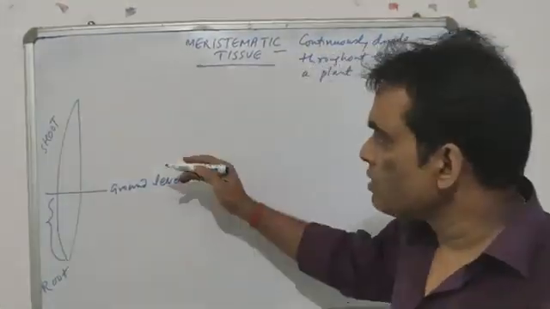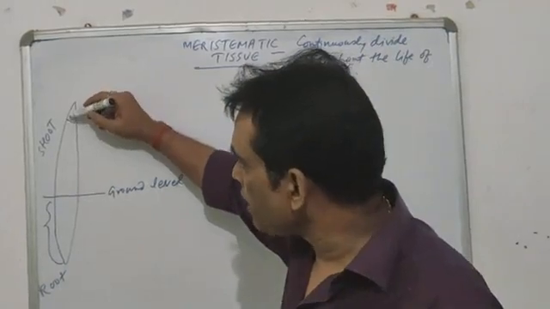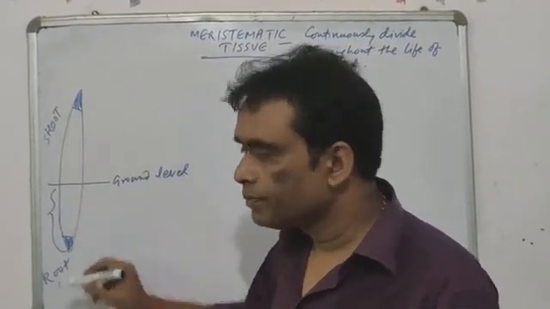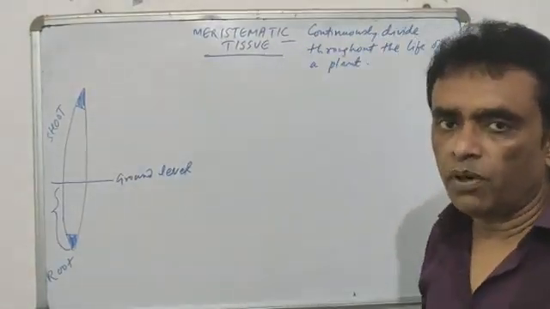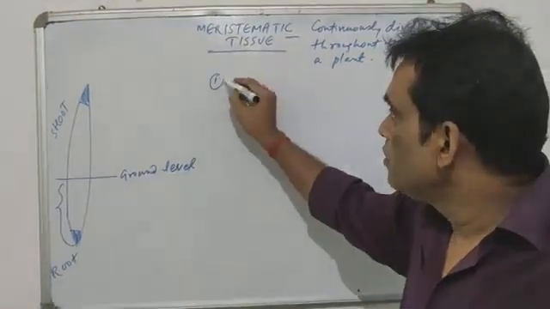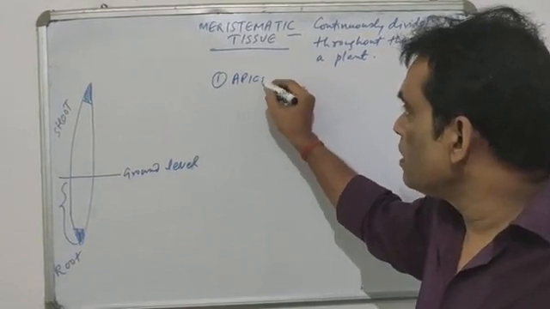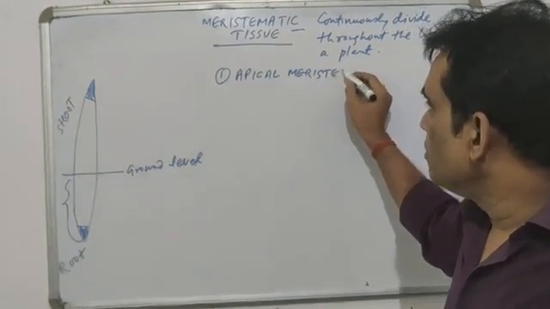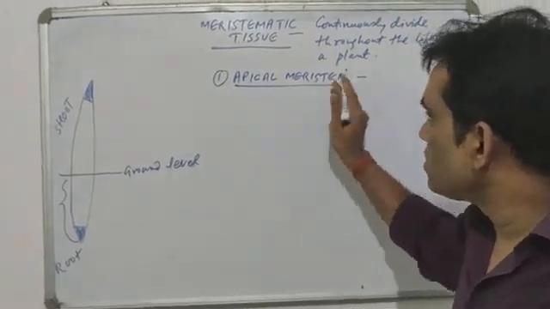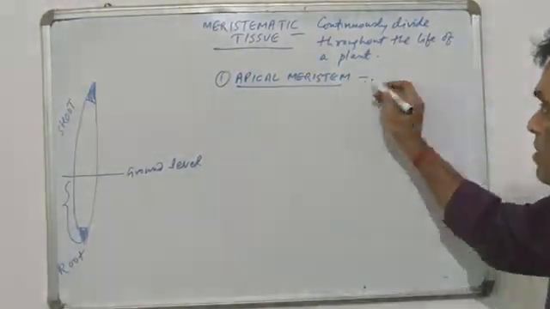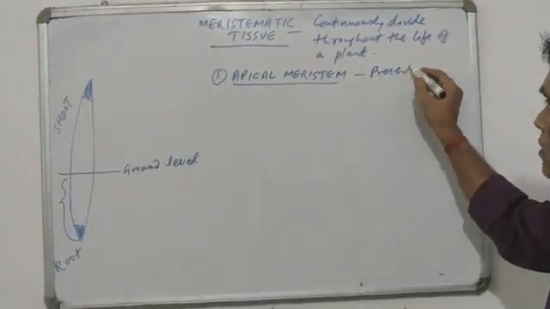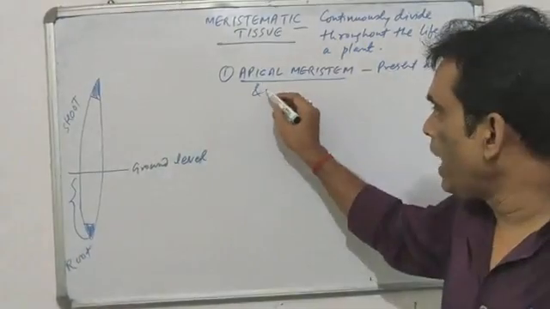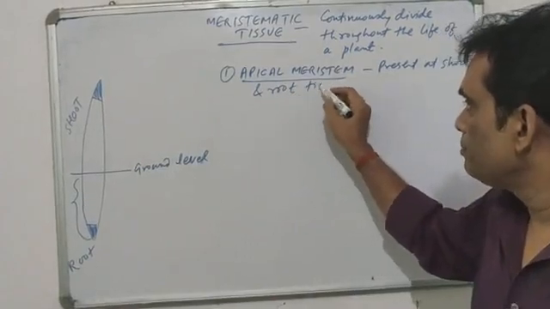There are certain meristematic tissues which are present only at the shoot tip and the root tip. That is the first type of meristematic tissue, which is called apical meristematic tissue. In short, the meristematic tissue is also called meristem. Apical meristems are present at the shoot and the root tip.